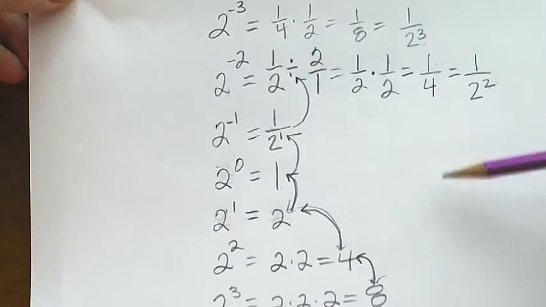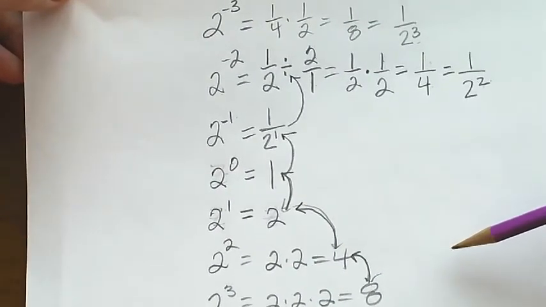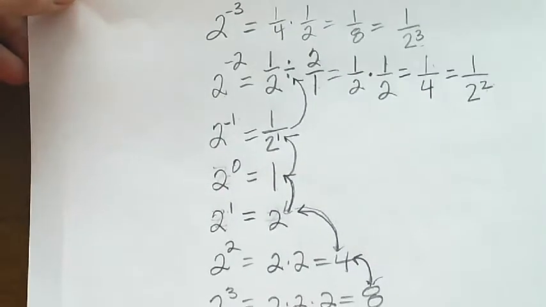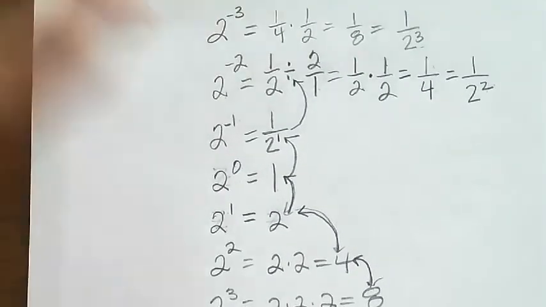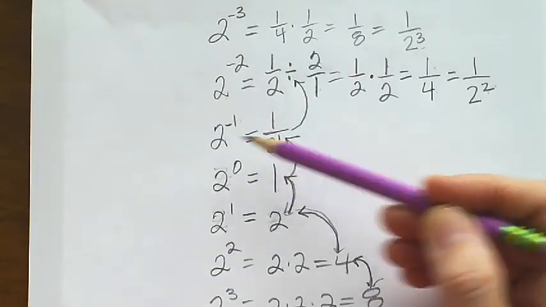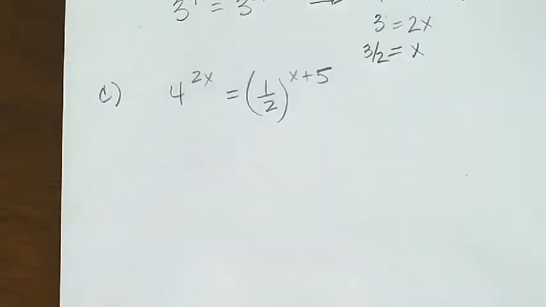If you don't know why, you should watch that video. It was for 6.6 through 6.11. Anyway, it's in there. So 1/2 is 2 to the -1. So let's use that.